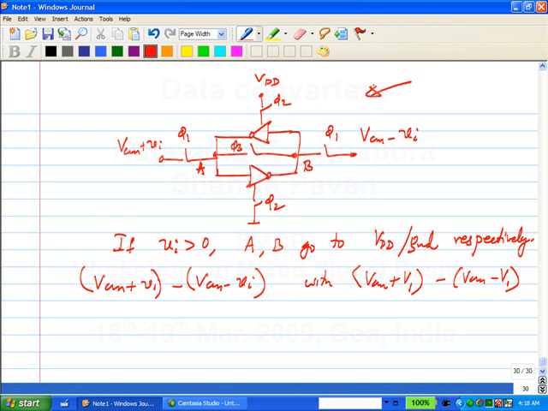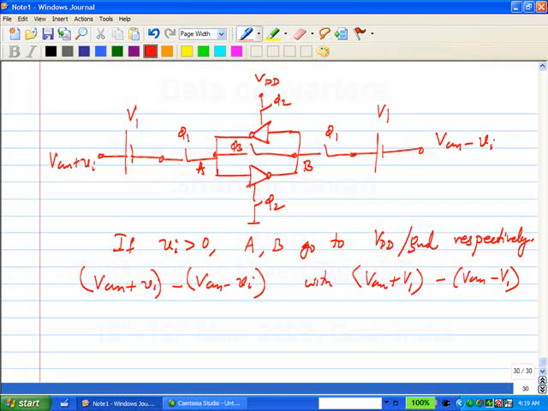Correct? So, let us assume that we have a battery of voltage V1 somehow. If you have a battery of voltage V1, one way of generating this is VCM plus Vi, this is V1, correct? And this is VCM minus Vi, and this is minus V1, so this is also V1. Correct? So what is this voltage?